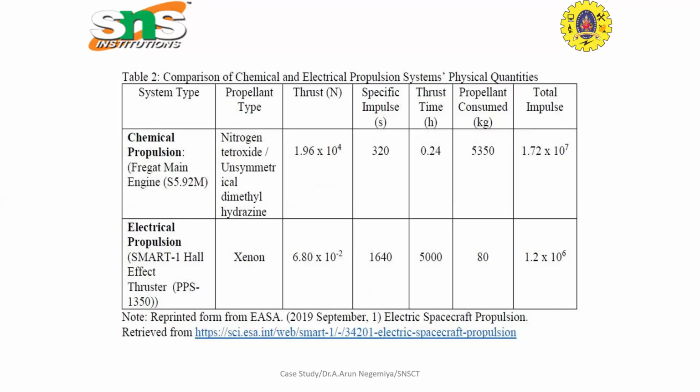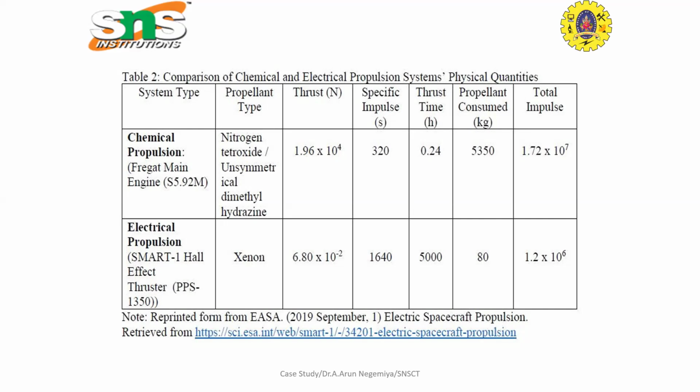And the next one is the comparative fuel for chemical propulsion and electrical propulsion. Chemical propulsion means we use some liquid fuels for ignition. That is called chemical propulsion. Here we use nitrogen, hydrogen, helium, neon and O2.